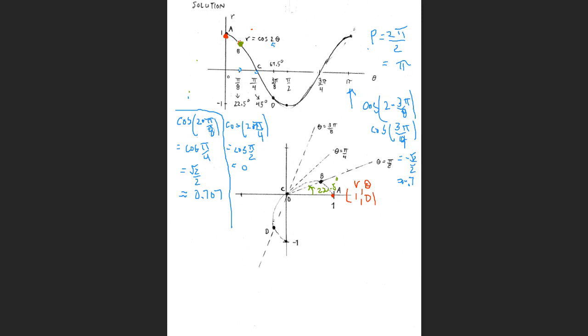And this point B here, the polar coordinate on that is going to be root 2 over 2, pi over 8. Okay, so far so good. Let me know if you have any questions.